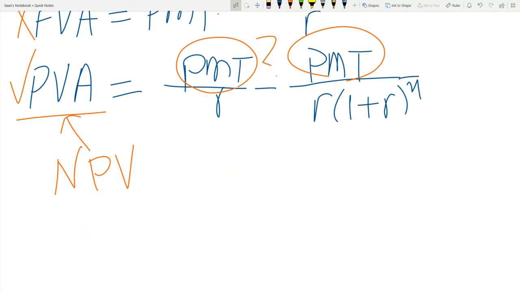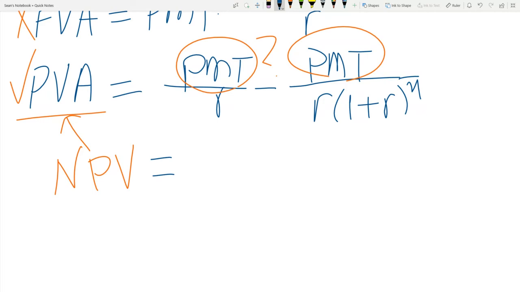This formula needs to be transformed because the way it is now, this is basically a formula to solve for present value, right? So we need to transform it to solve for payment. To do that, we will need to factor out the common factor.